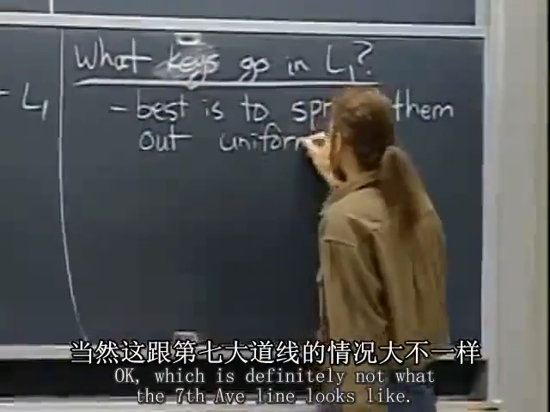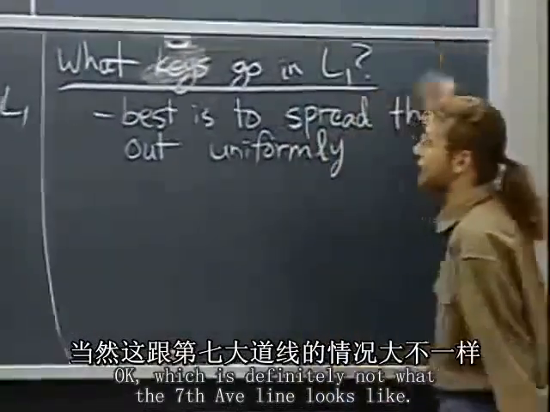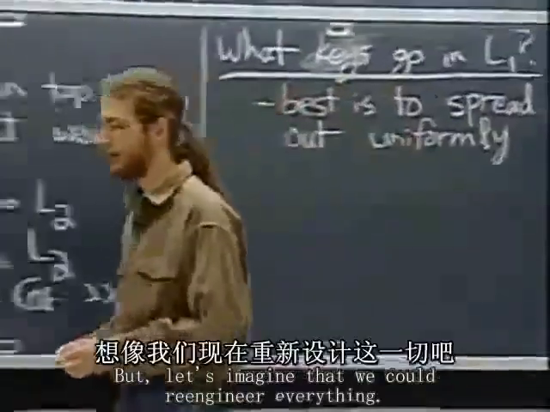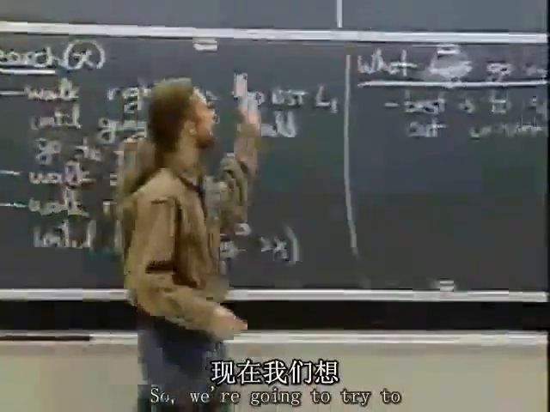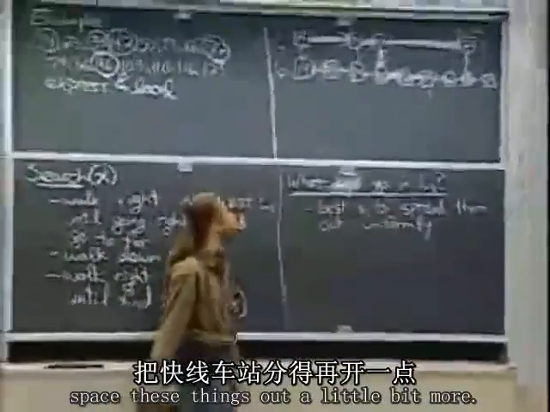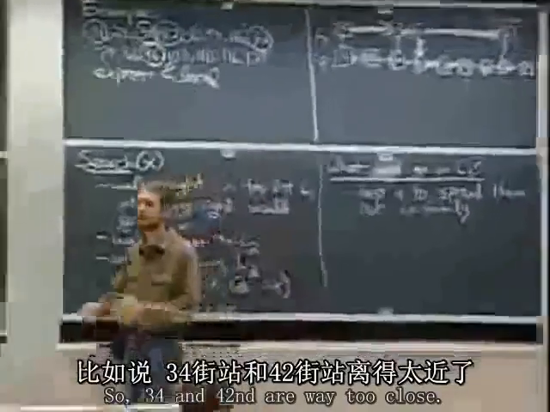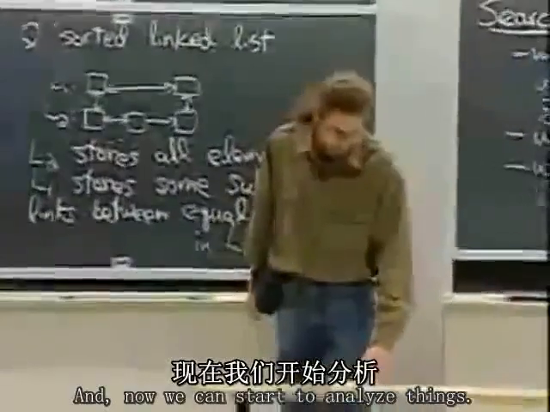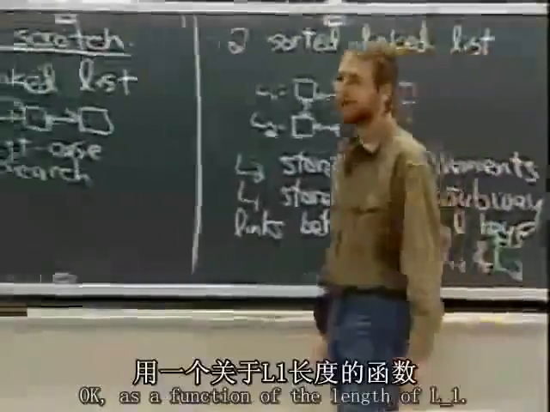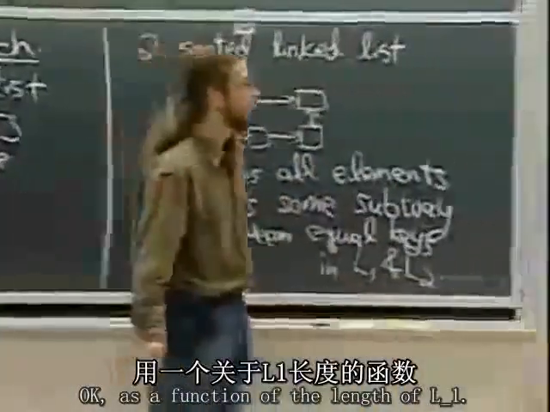Okay, which is definitely not what the 7th Avenue line looks like, but let's imagine we can re-engineer everything. So we're going to try and space these things out a little bit more. So 34th and 42nd are way too close. We'll take a few more stops. And now we can start to analyze things as a function of the length of L1.